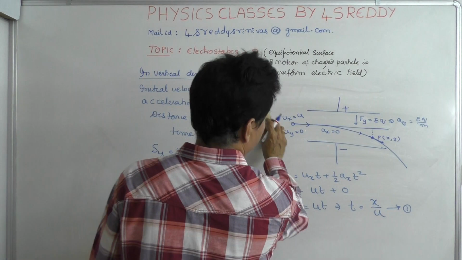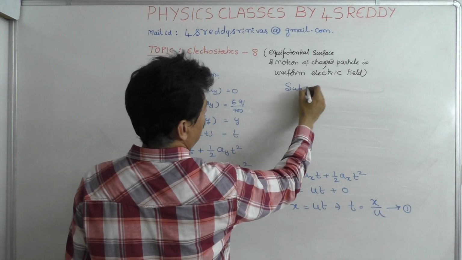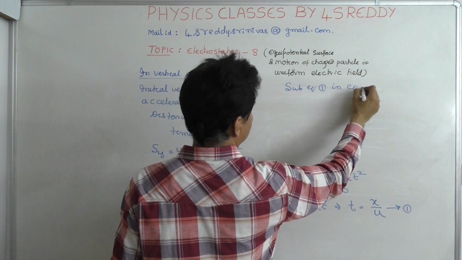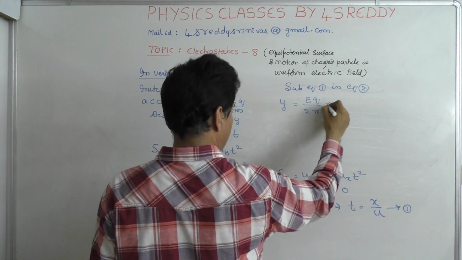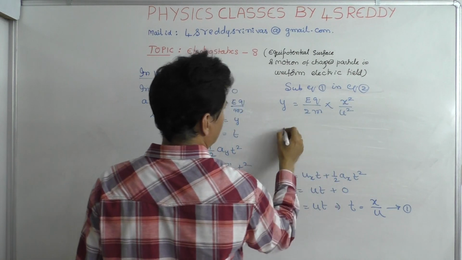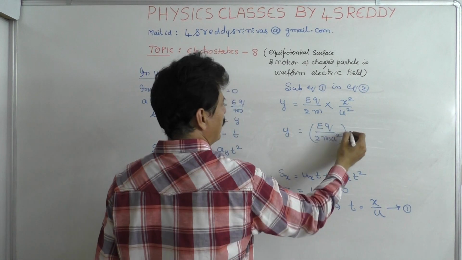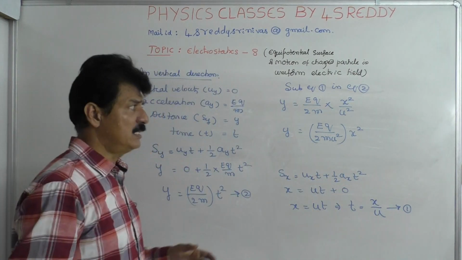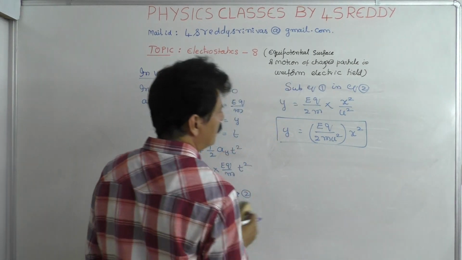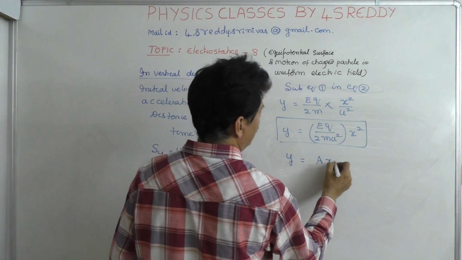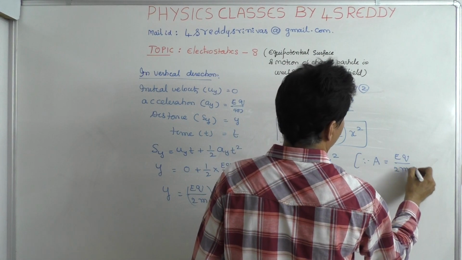Then substitute equation 1 in equation 2. Then y is equal to Eq by 2m into x square by u square. Therefore, y is equal to Eq by 2m u square into x square, or y is equal to a x square, assuming that a is equal to Eq by 2m u square.